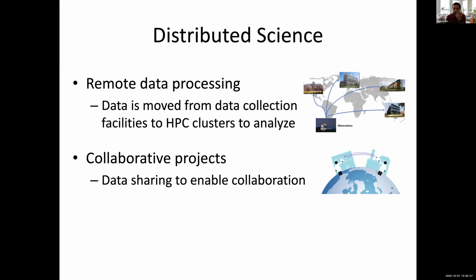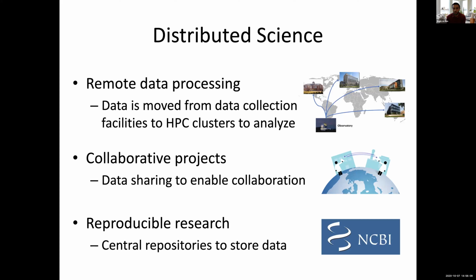Another part of the motivation is that scientists share data in order to enable collaboration. And the third motivation is that even if you don't process streaming data, sometimes data is stored in central repositories where you need to download it and process it. For example, NCBI is one of those databases where you can download large volumes of RNA or DNA sequences and run processing.